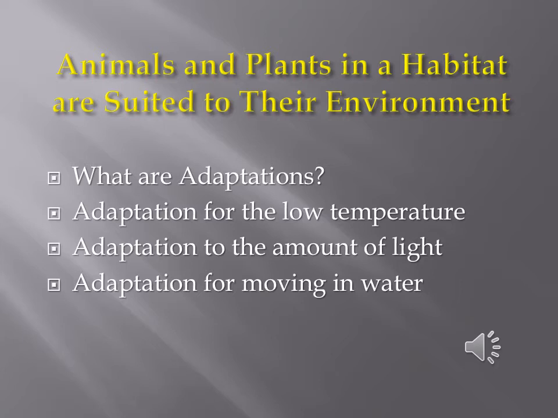Adaptation for low temperature. Polar bears live in a very cold habitat in the Arctic, where there is ice the whole year round. How do they survive such freezing conditions? How do they live in freezing temperatures of -50 or -20 centigrade?